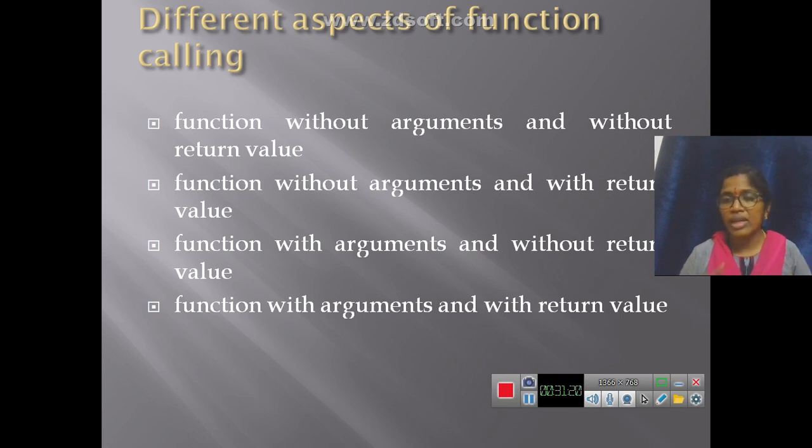And finally, with arguments with return value, meaning it is mutual: he will give the input, and he will get back the result. Hope you have understood this. You can understand it better with an example.